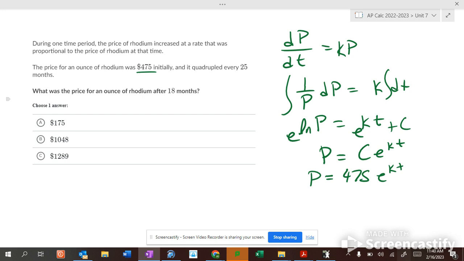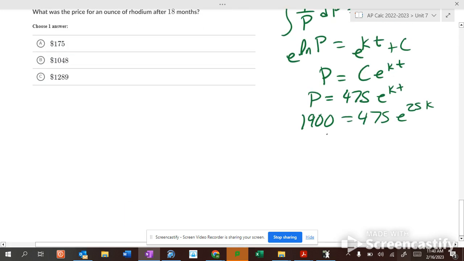It quadrupled every 25 months. What is quadruple of 475? 4 times 475. So that'd be 950, 1900. Yeah. So if we divide by it, 4 equals e to the 25k.